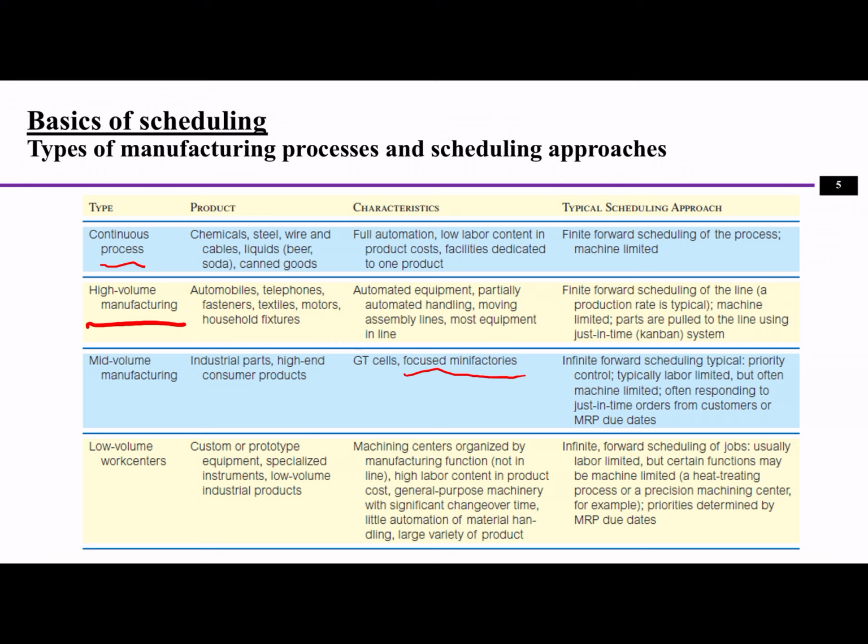For this kind of scheduling, usually we use infinite forward scheduling, and it is mostly labor limited, because it involves a lot of labor in the customization and changing of the setups.